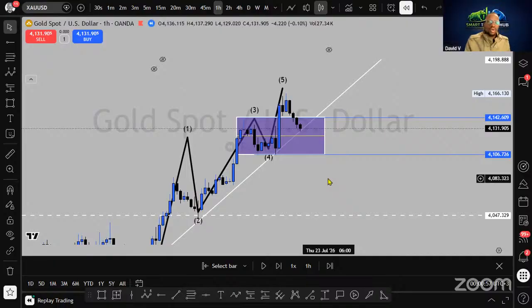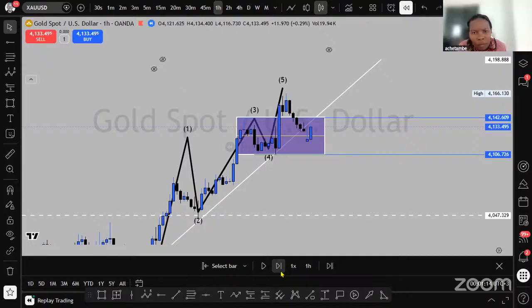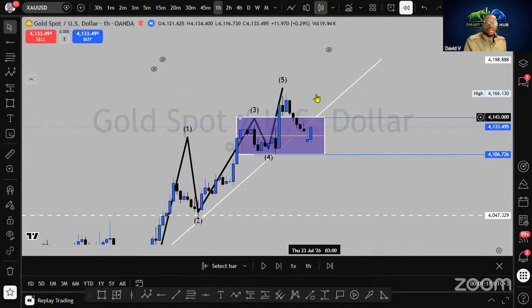So right now, we are still patient. Now, what gives me my confirmations? If more time keeps going, what did we do? We got a break of our trend line.